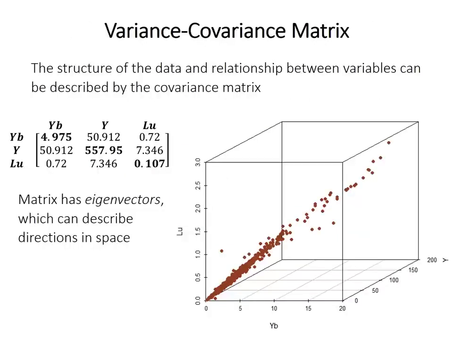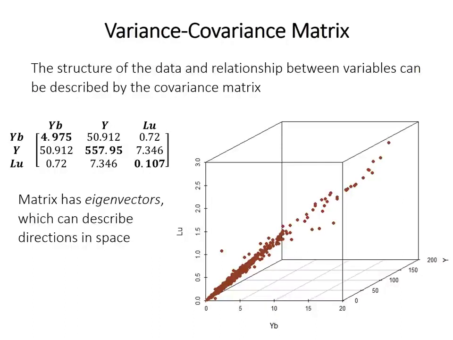Okay, so one way to describe the structure of the data, the relationship among the variables, is with this variance-covariance matrix. It gives the variance of each measurement as the diagonals in bold in the example here, and the covariance between all the pairs of variables. This particular matrix, like all matrices, has properties called eigenvectors. You may remember from the previous videos that vectors can be used to describe directions in coordinate space.